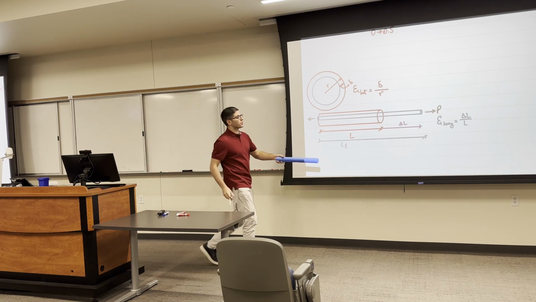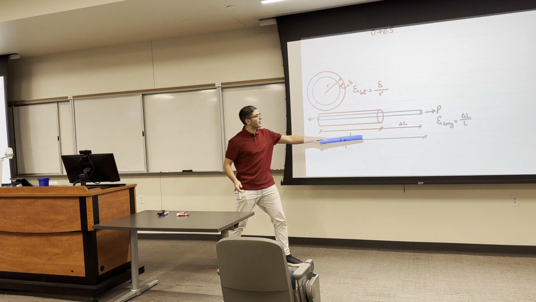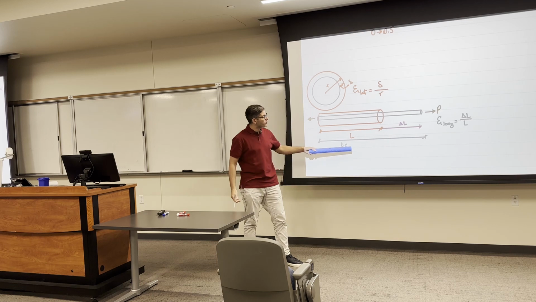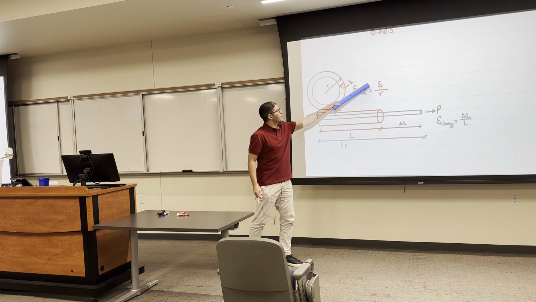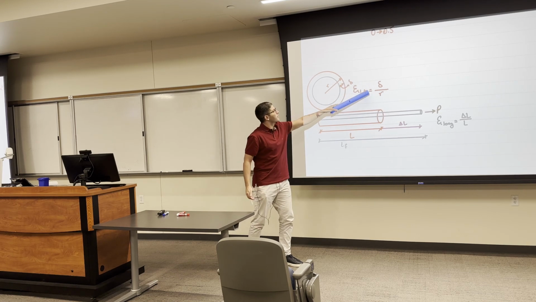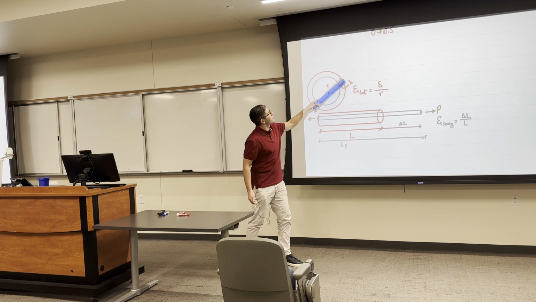Longitudinal strain is the strain that happened in the longitudinal direction, which is delta L over L naught. The elongation that happened, delta L, over the original length, L. For the lateral strain, the change that happened, which is shortening now in our case, is delta in the numerator, and the denominator is r, the original radius.